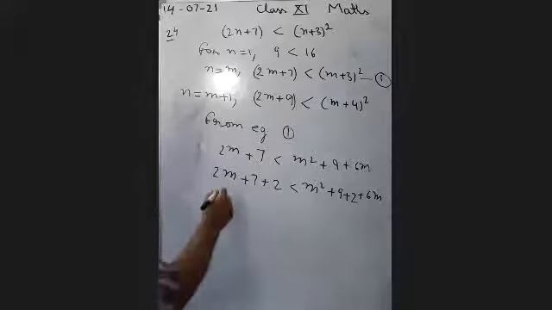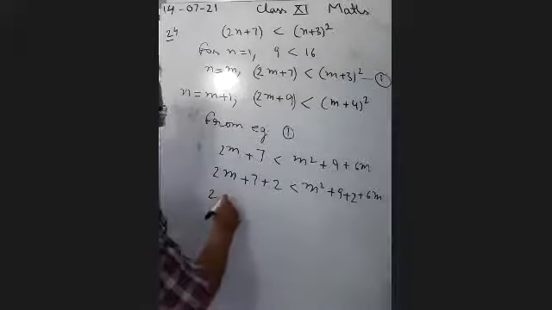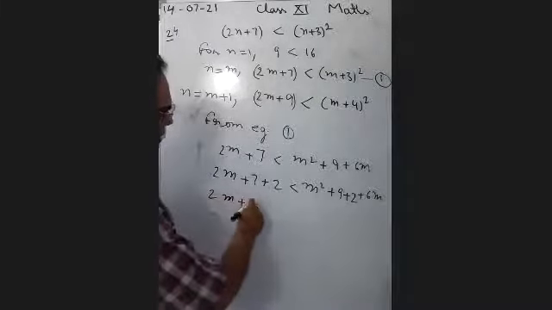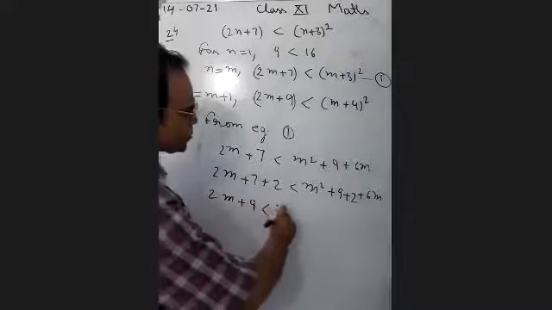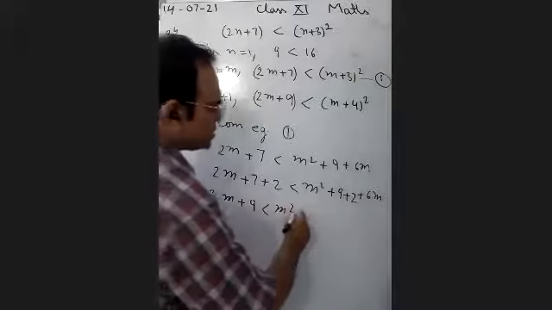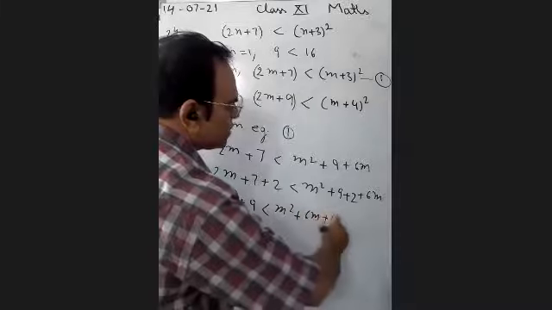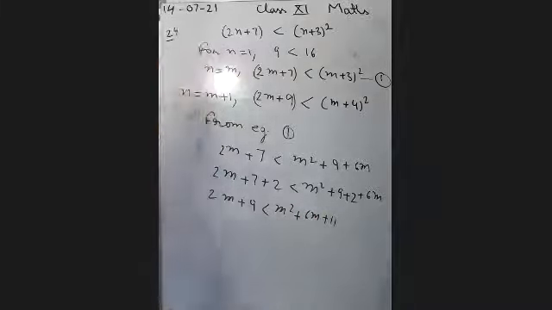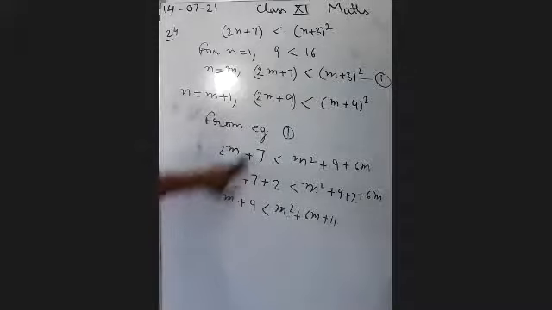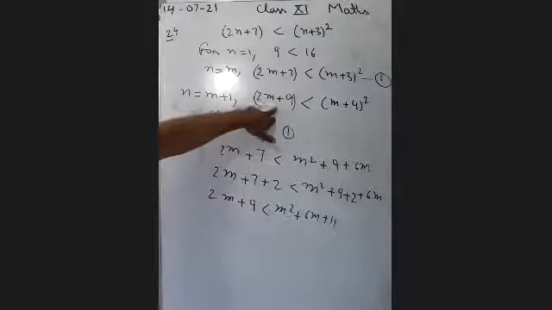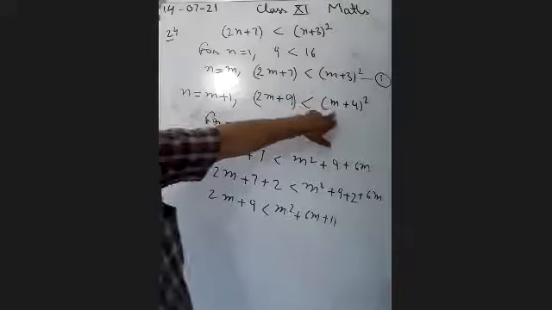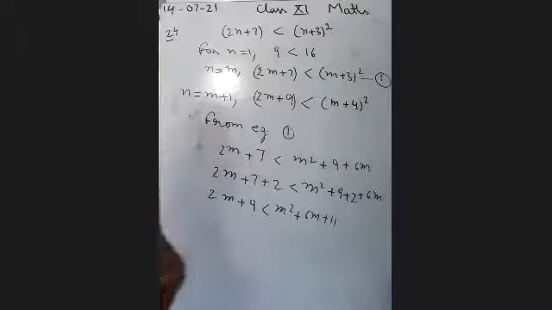So it will be 2m plus 9 is less than m square plus 6m plus 11. The left hand side we get easily, but in the right hand side we need m square plus 8m plus 16, that is, square of 4, which is 16.